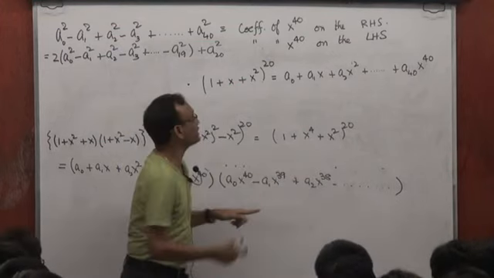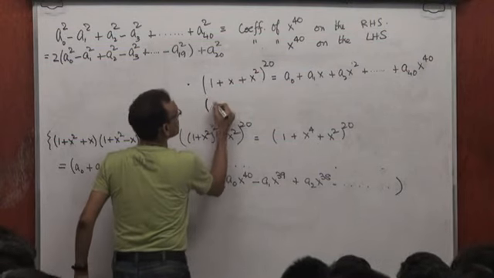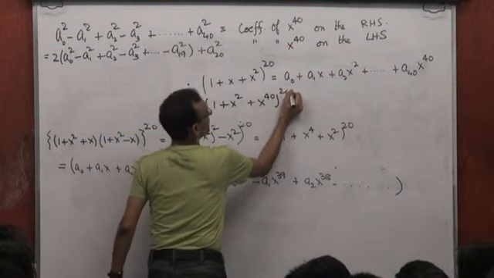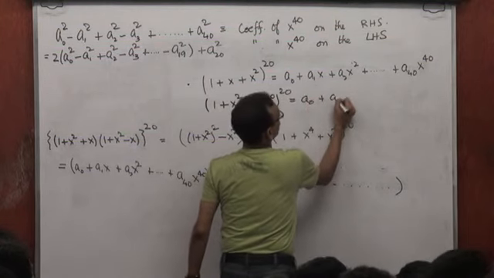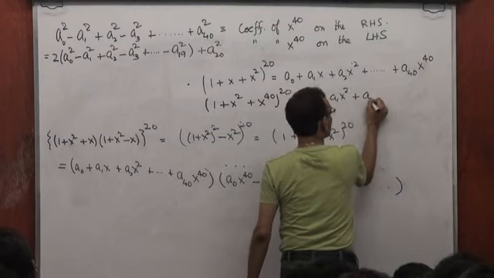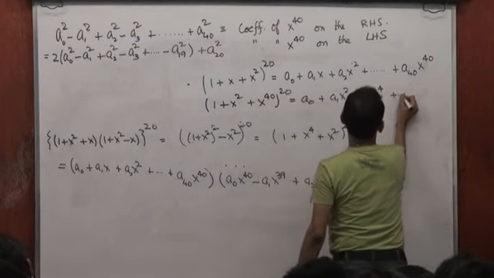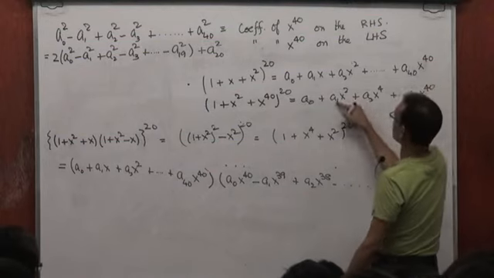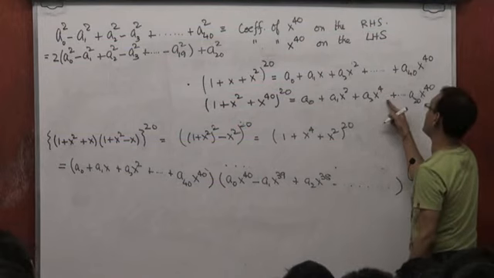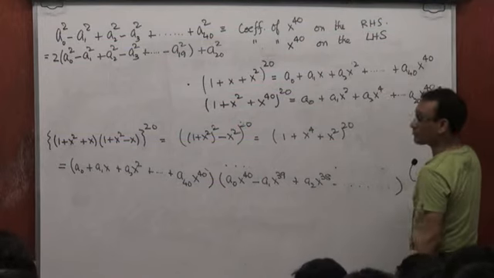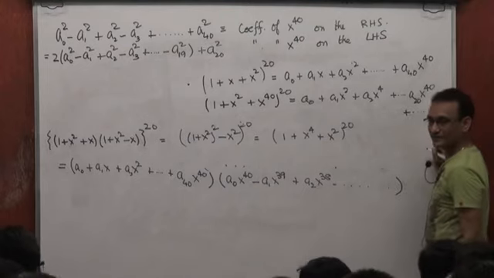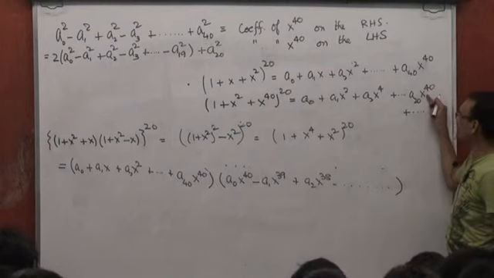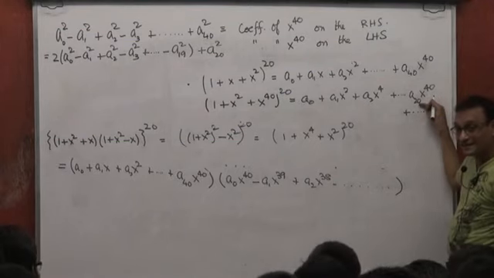So if you replace x by x squared, you get 1 plus x squared plus x power 4, whole to power 20, is a naught plus a1 x squared plus a2 x power 4 plus a3 x power 6, up to a20 x power 40, and so on and so forth. So what's the coefficient of x power 40? A20.